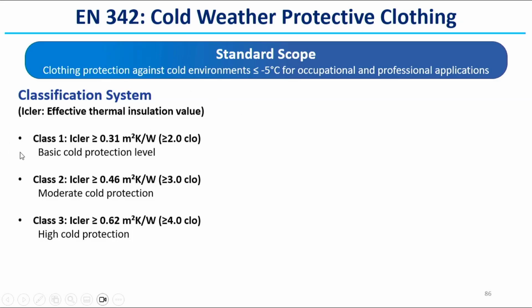So, class 1 is that ICLER is more than 0.31, this is the basic cold protection, okay. There is a protection level, and class 2 with more than 0.46 value, and class 1, more than 0.31, which is equivalent to more than 2 kilo. So, we need for basic cold protection 2 kilo is required minimum, and for class 2 more than 3 kilo, and for high cold protection more than 4 kilo is required.